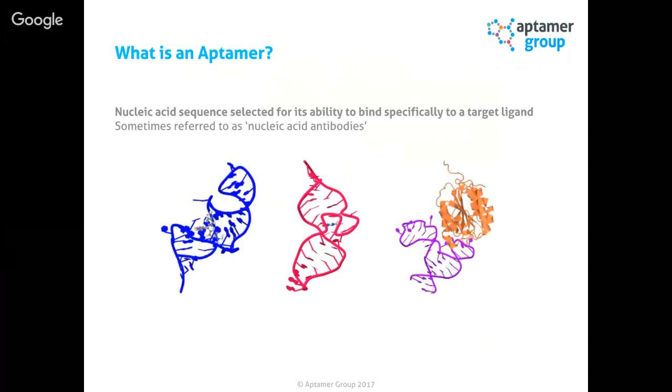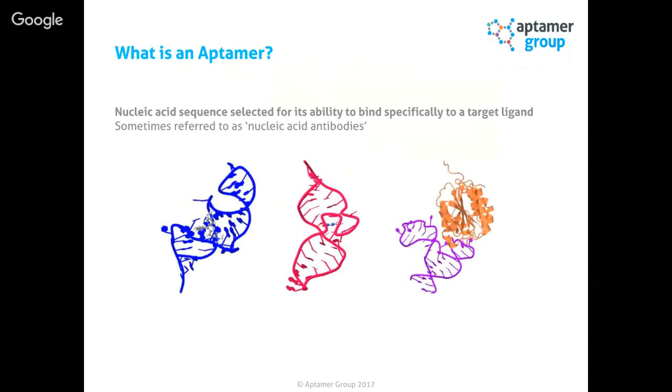What you can see in the little cartoons here is the structure of 3 different aptamers binding to their respective targets. The simplest representation on the right-hand side there, you can see the aptamer in purple binding to a protein shown in orange, and that interaction is very much like you would expect to see with an antibody. So a compatible face on the aptamer interacting with the protein.